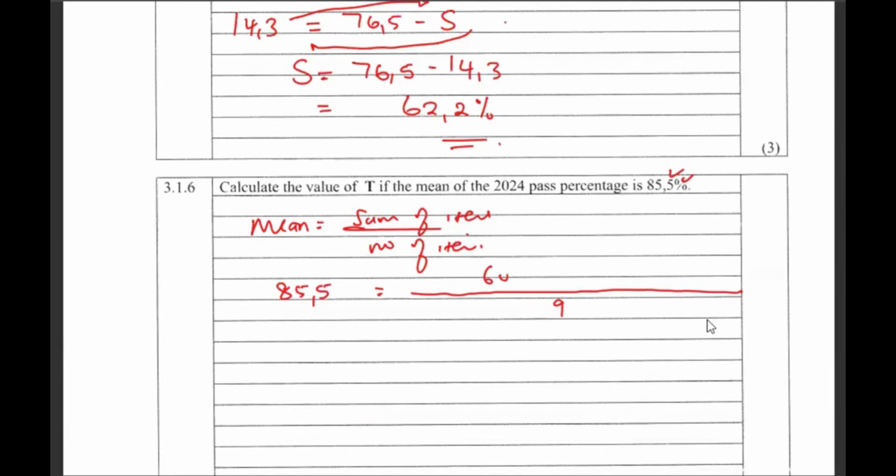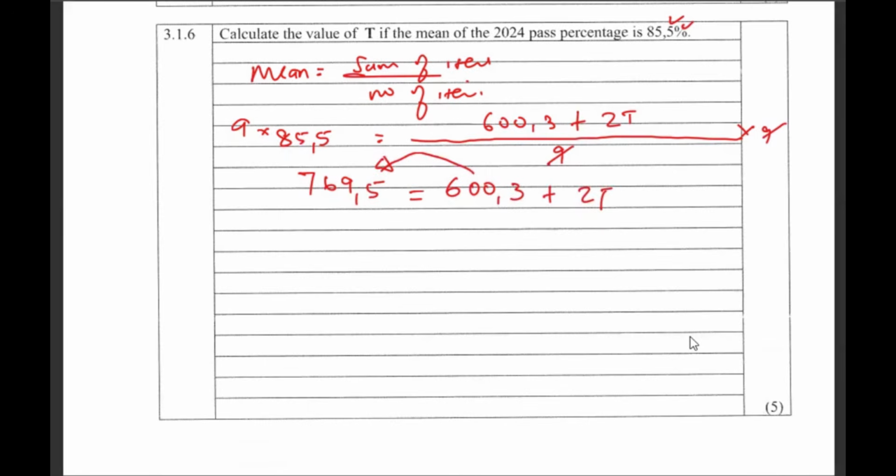So I'm getting 600.3. And then we have 2 T's. Then I just need to multiply both sides by 9. Okay, so if I multiply both sides by 9, that's going to be 85.5 times 9, which becomes 769.5. So this 9 cancels that. This is 600.3 plus 2T. I need to transpose this to that side. Okay, so it's 769.5 minus 600.3 equals 2T.